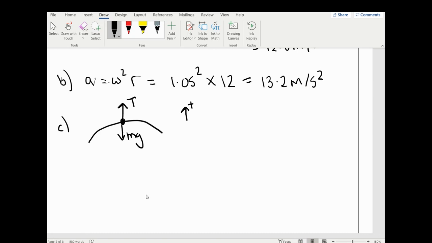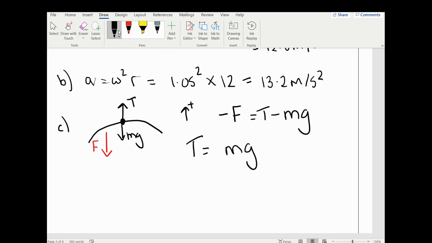I know the centripetal force is going inward, that way. The resultant is going to be minus F there, and that's going to be the tension minus the weight. So the tension, the support force, is going to be the weight minus the centripetal force here.